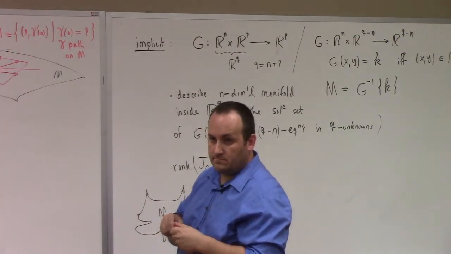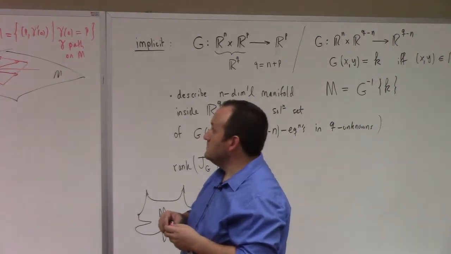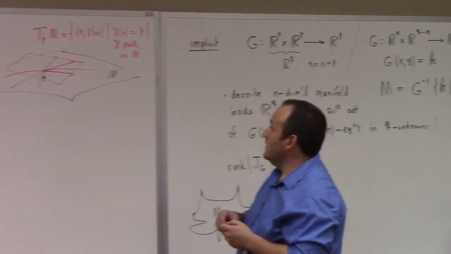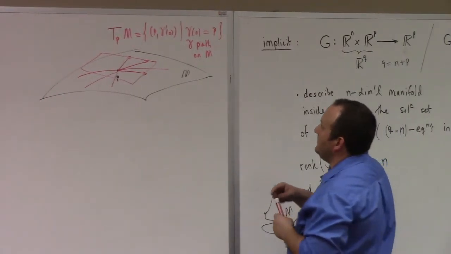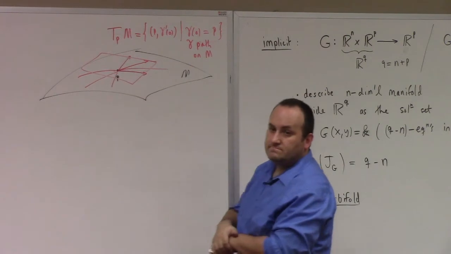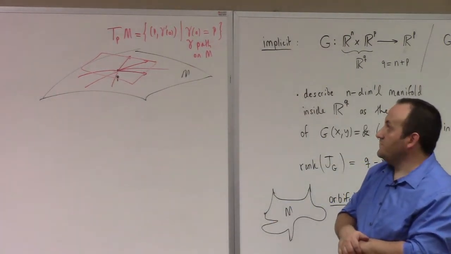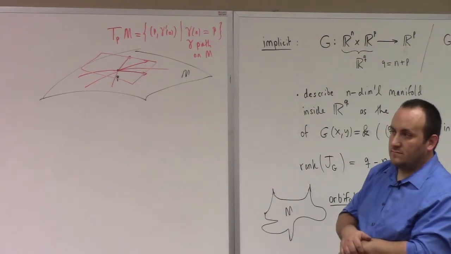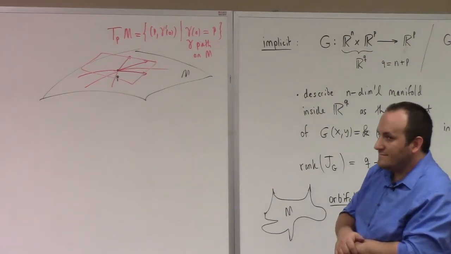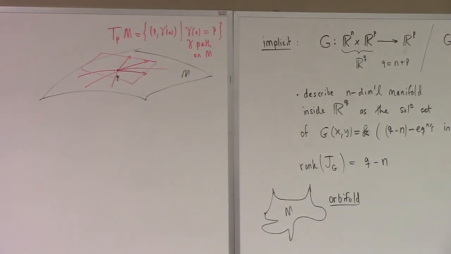Does the tangent space contain gamma prime 0, or also a pair of it, or just gamma prime 0? I'm saying that we should think of them as tangent vectors attached to that point. So it's a vector. It's not paired.